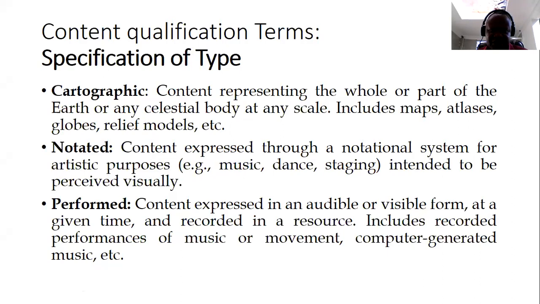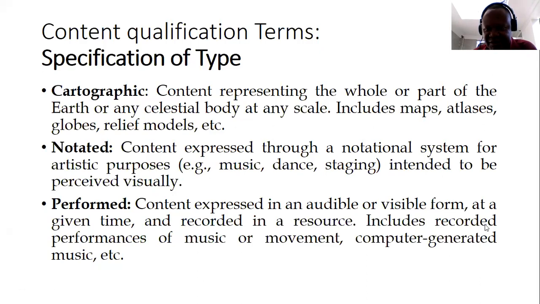specification of type, is when we have materials which are performed. When we use this term performed, this is used for content expressed in audible or visible form at a given time and recorded in a resource.